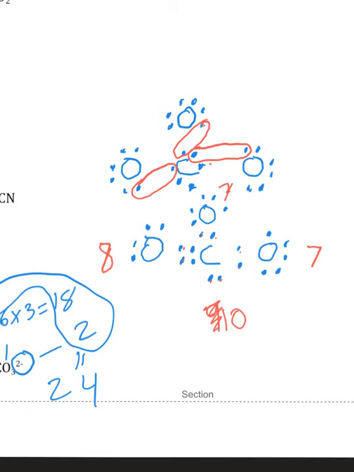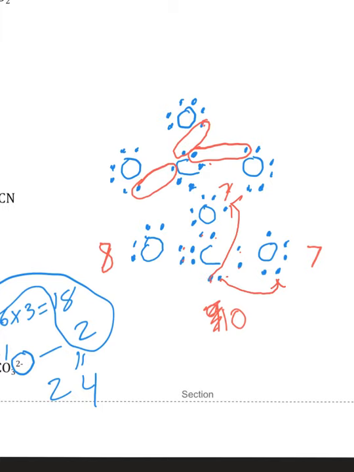So this is the part where it might be a little tricky to figure out, but if you look at the oxygens each need 1 more electron, right? And the carbon has 2 electrons too many. So I don't actually need to make any more pairs. I just need to move these electrons off of carbon and onto these oxygens to make everything even out.